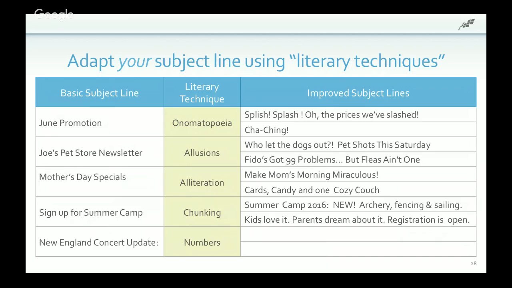For a New England concert update, numbers could work really well: 3 can't miss summer festivals, or 16 bands, but only one Miranda Lambert. So numbers, connecting, and making things simple is going to drive your connections, drive your content, and get people excited to click on in your message.